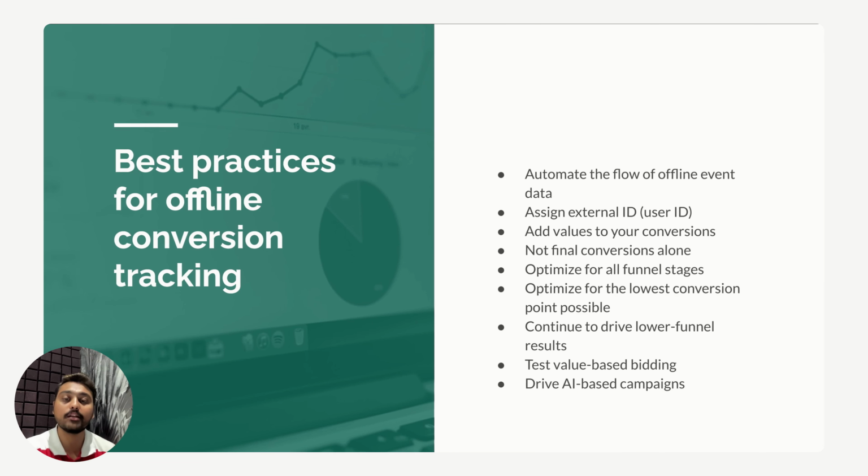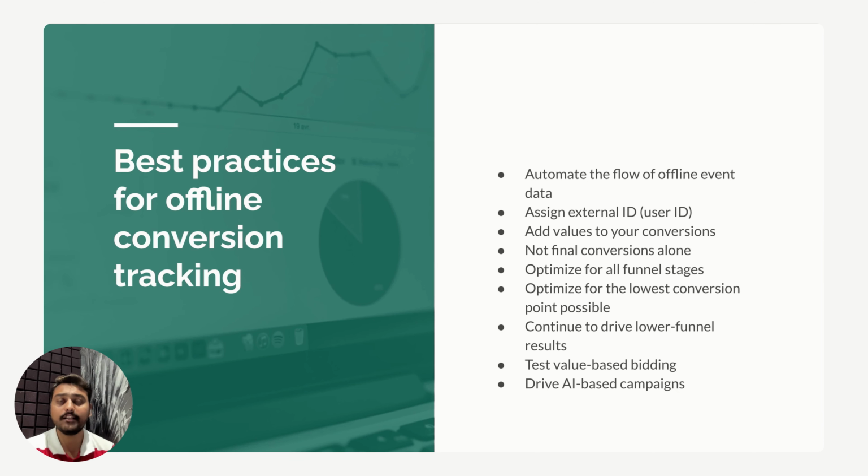Now the last one is drive AI based campaigns. All these ad platforms are coming up with AI based algorithms, like your bidding algorithms, such as Performance Max campaigns or Advantage Plus shopping campaigns.